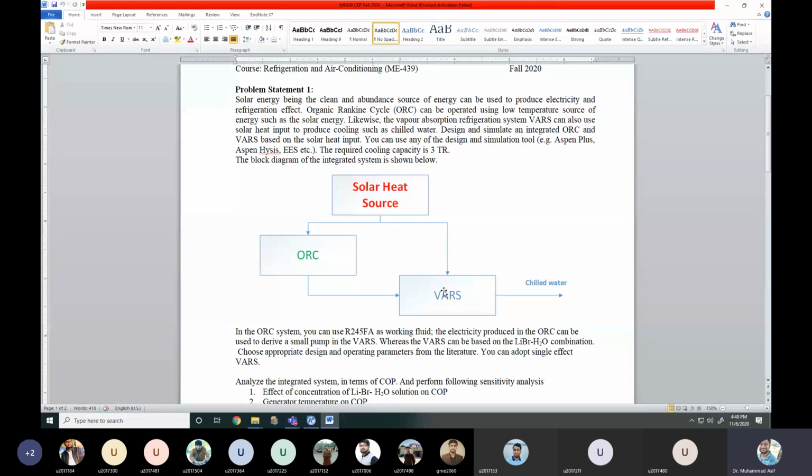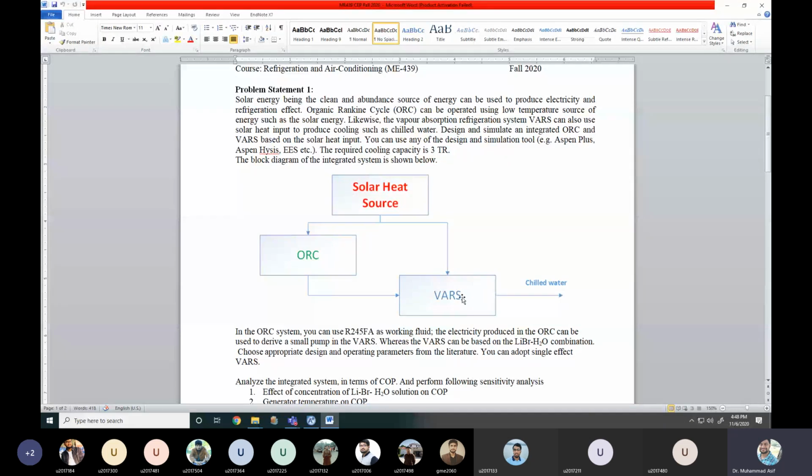So there are five components. We want to produce the chilled water from this system. But we know that in the vapor absorption refrigeration system, there is a pump also. That pump is used to feed the concentrated solution into the generator. So we need some electricity, right?